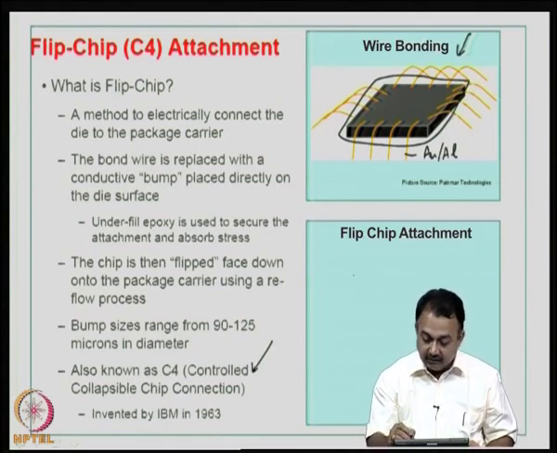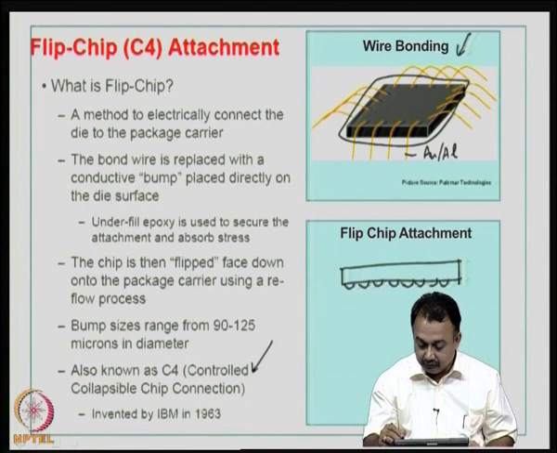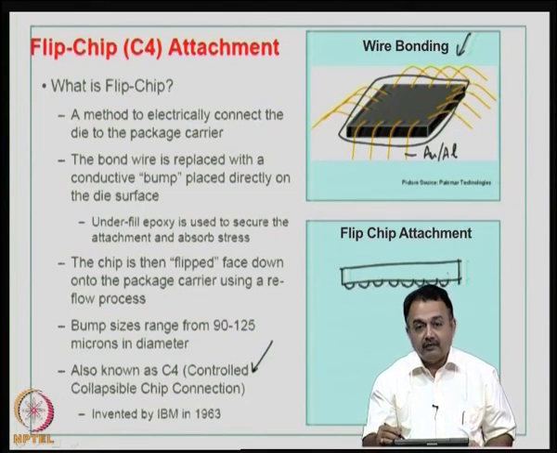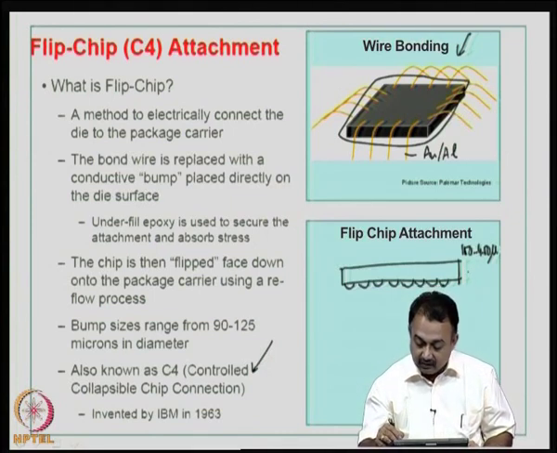So, the flip chip process once again is flipping the chip over and these have got bumps. Now, what is the size of these bumps and what is the material of these bumps? The size of these bumps is around 100 to 400 microns, but today the most common standard is around 125 to 200 micron.